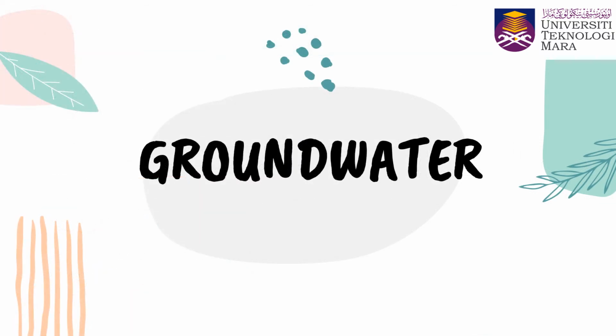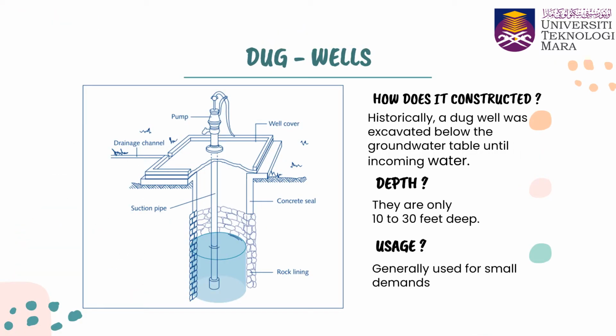And then we move to groundwater. So this is the dug well type of groundwater. How is it constructed? A dug well is excavated below the groundwater table. Under the groundwater table, we can have the fresh water, or we call it incoming water.